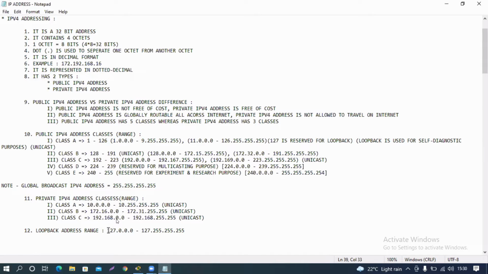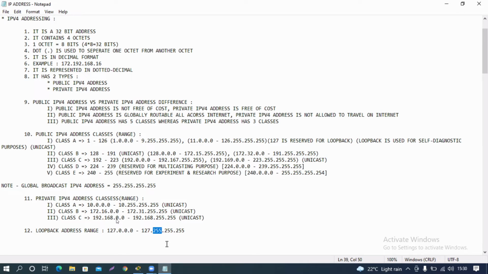Remember that every single one of these values is represented in an octet, in decimal form, and the minimum value of an octet is 0. The maximum value of an octet is 255. Minimum value you can give in an octet is 0, and maximum value in an octet always is 255.